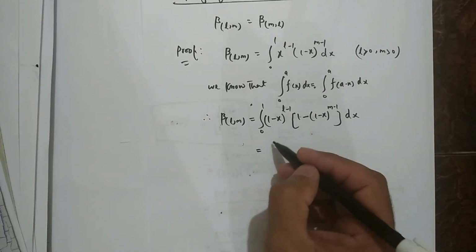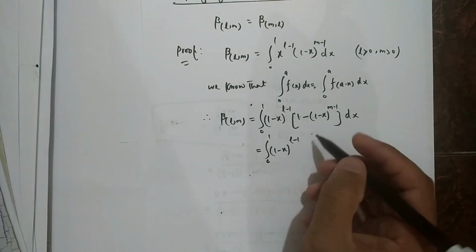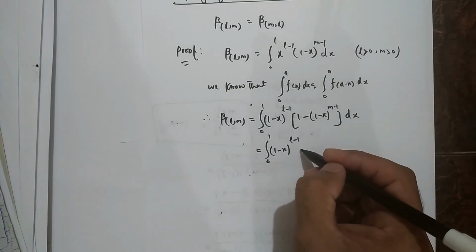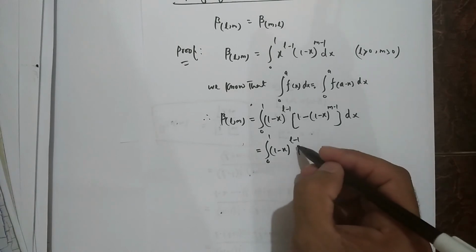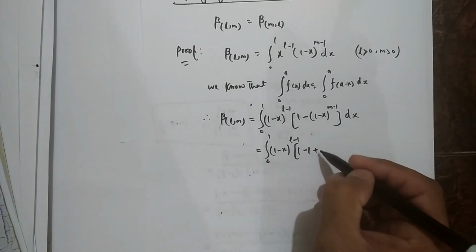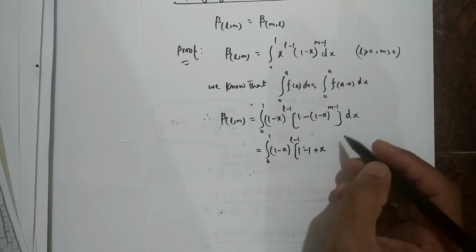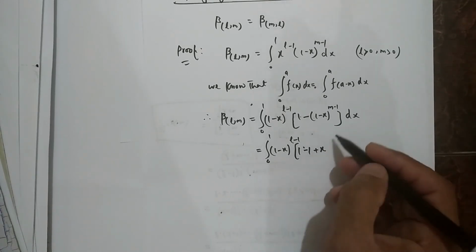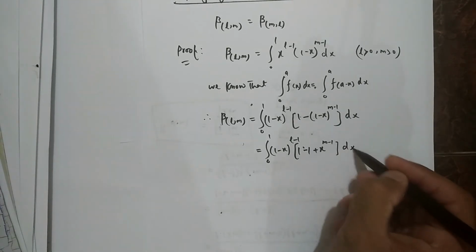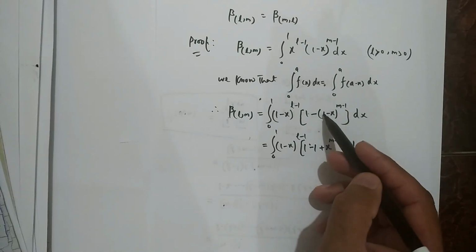Now simplify it: the integral from 0 to 1 of 1 minus x whole to the power L minus 1, and multiplying the negative sign with 1 minus x, we have minus 1 plus x, to the power m minus 1 dx.